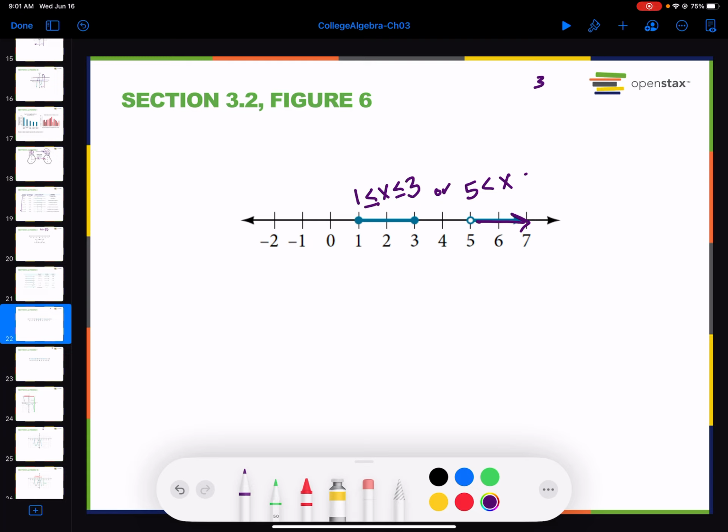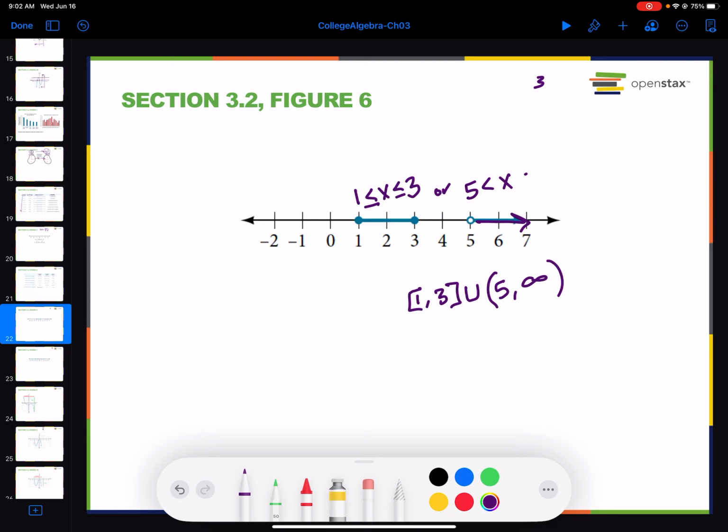So in this case, our interval is going to be inclusive, and it's going to be going from 1 to 3, also inclusive, and it's going to be the union of that and not including 5 to infinity.